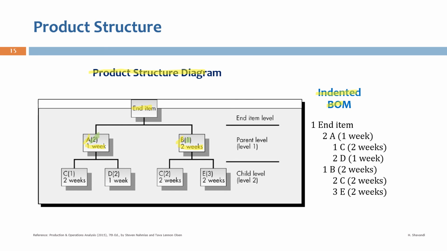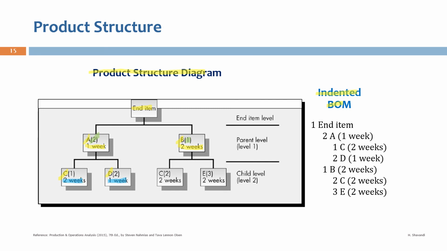Okay, so in the lower level, as you see here, the sub-assembly A will be produced by subcomponents, or parts, C and D. Again, we'll need 1 unit of C and 2 units of D in order to make 1 unit of A. And also we again have the lead times here.